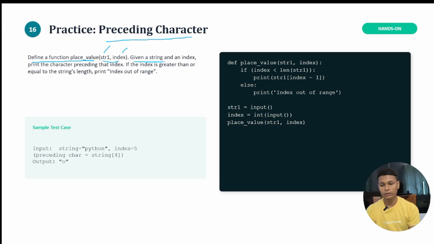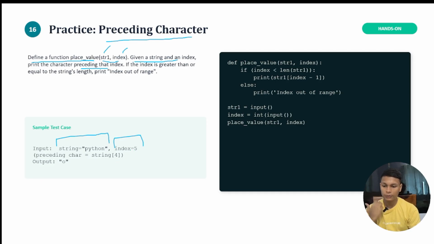Given a string, the string was given and the index was also given, and we are going to print the character preceding that index. So if you pass any index, here you can see our string was python and index was 5. So what is the preceding character?